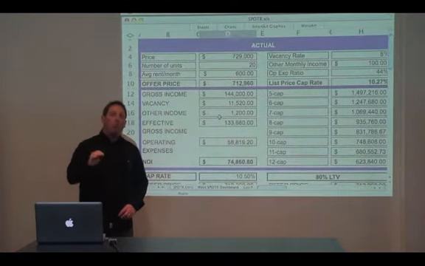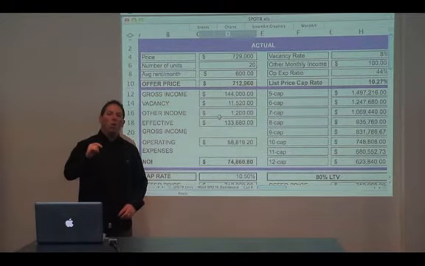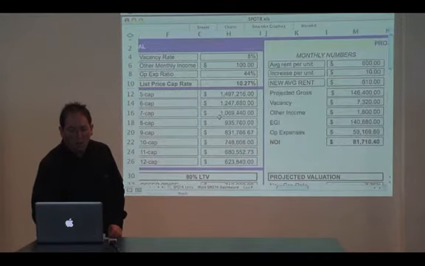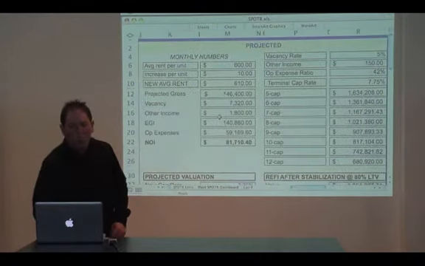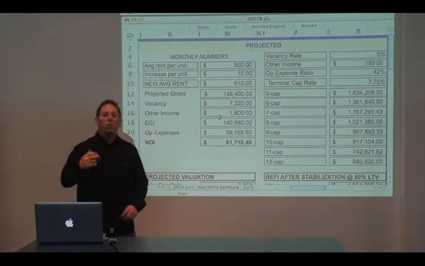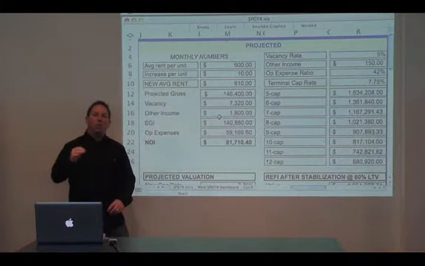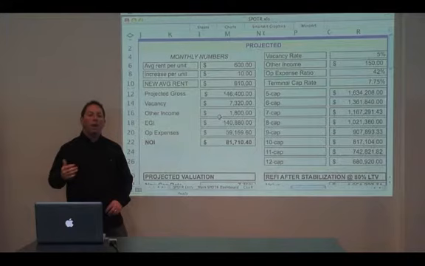All right, it's all about the NOI. Now, once we've just made those little tweaks, okay, we haven't done anything dramatic, nothing extraordinary. Now, we've moved the NOI up from $74,000 to almost $82,000, all right? Now, what does that do to the capitalization?